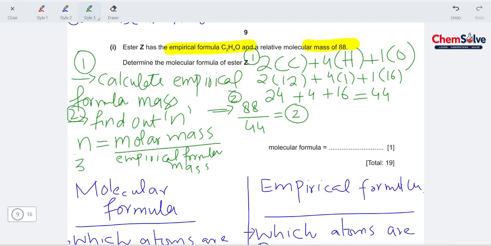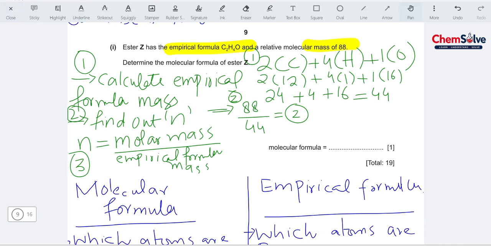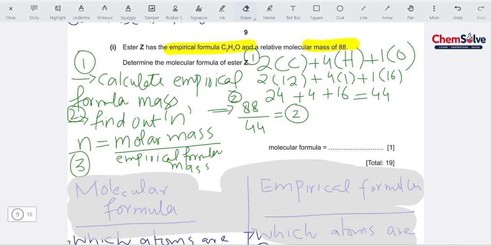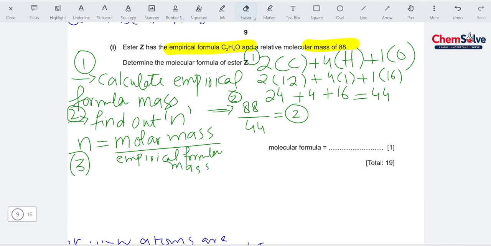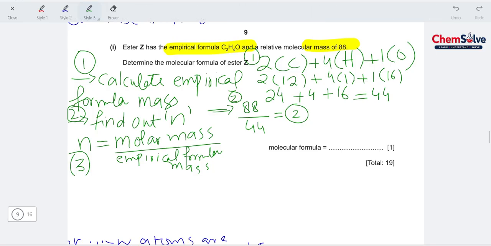Now the third step. Third step is that I have to calculate the molecular formula now. How?